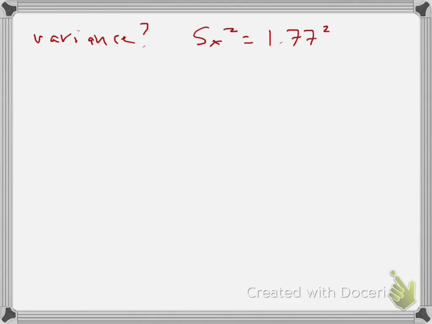If I put that on the calculator, I should have approximately my favorite number, about 3.14. Pretty close to pi. And this 1.77 is just about the square root of pi. Only a math dork like me would care about something like that.